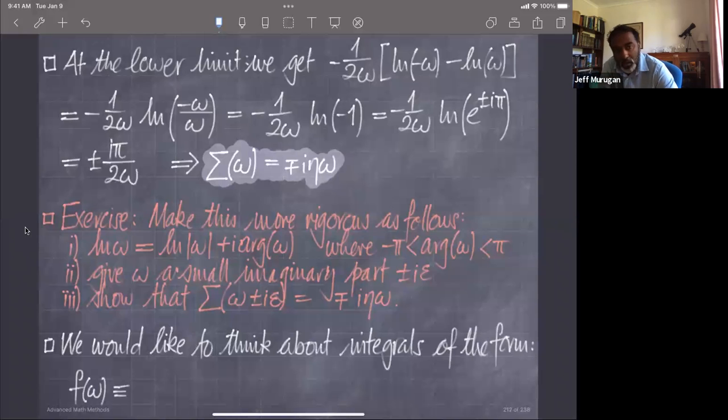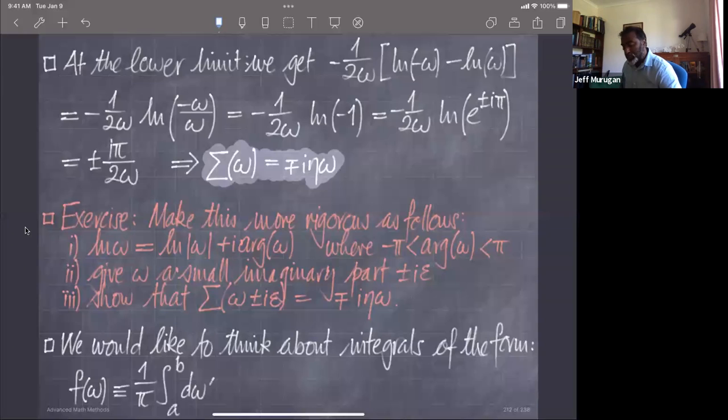And these integrals are of the form 1 over pi, integral d omega prime, rho of omega prime over omega prime minus omega. These factors of pi are not really that important, but we'll keep them around because we'd like to touch base with some physical examples.